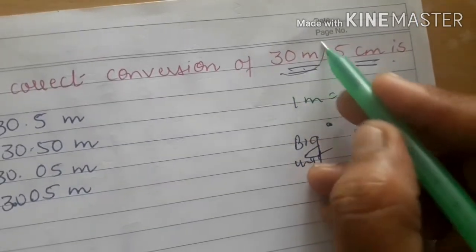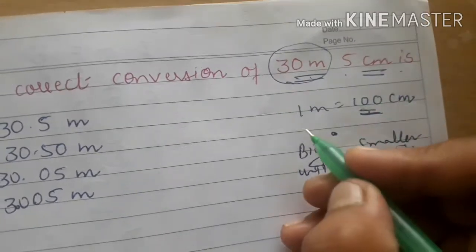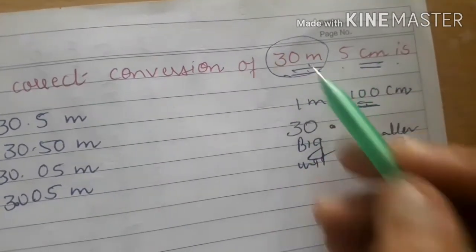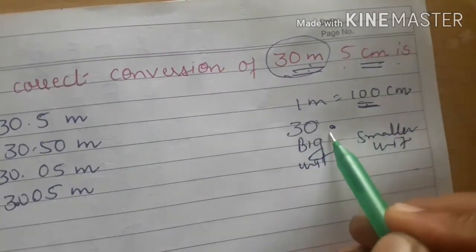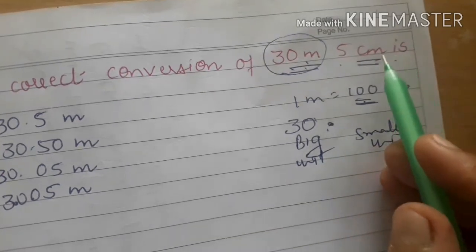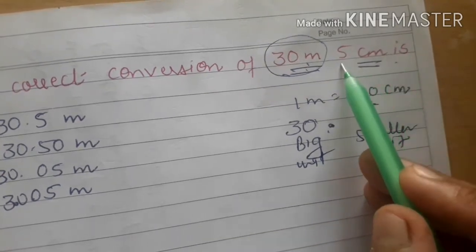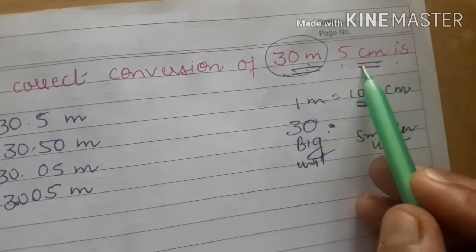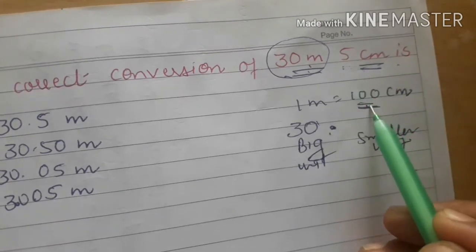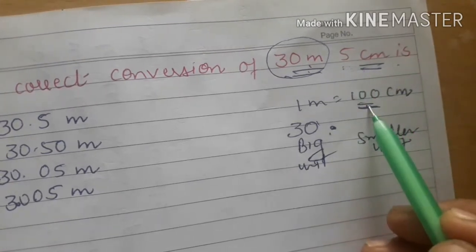Now this is 30 meter, that is before decimal point I should write 30. Fine. And after decimal point I have to write the smaller unit, and that is 5 centimeter. I have to write it in 2 decimal places.